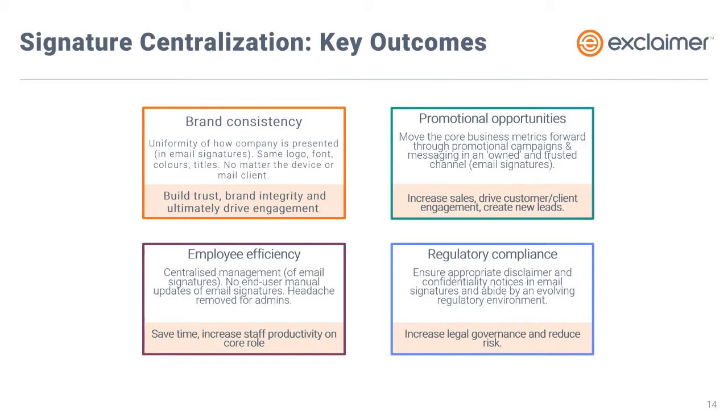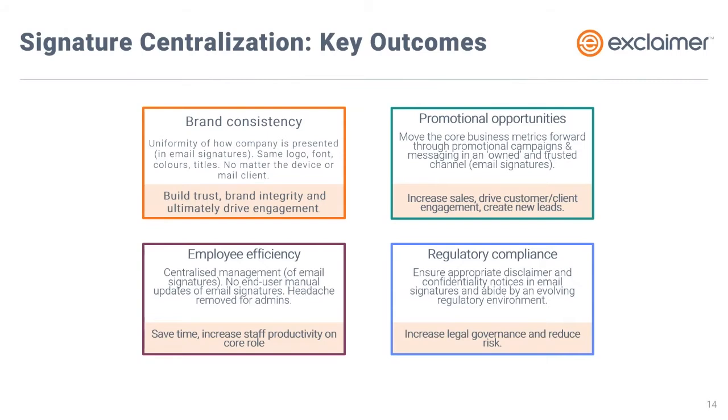One of the top reasons we identified is just brand consistency in general, the uniformity of how a company is presented in their email signature. That the same logo, the same font and colors and titles are always displayed in the ways that the company wishes, that it's meeting the branding that they have set elsewhere in all representation of that company.